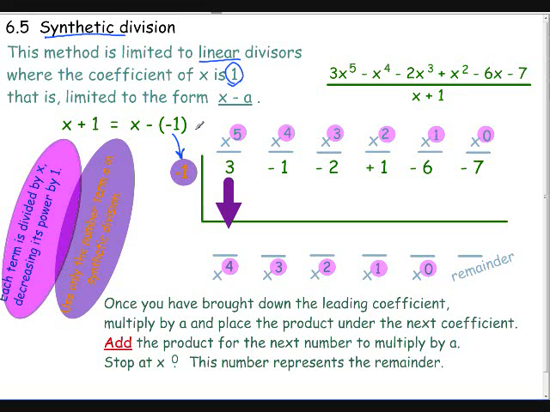Now the thing that is beautiful about this, we don't have to write down any of the x's. We do have to know where they are though. If I'm doing this problem, which has x to the 5th, x to the 4th, 3rd, 2nd, 1st, and x to the 0, then I'm going to make sure I have all those columns in sequence.